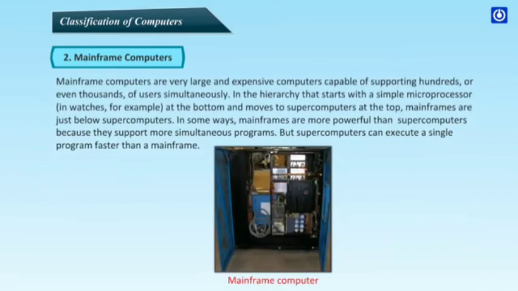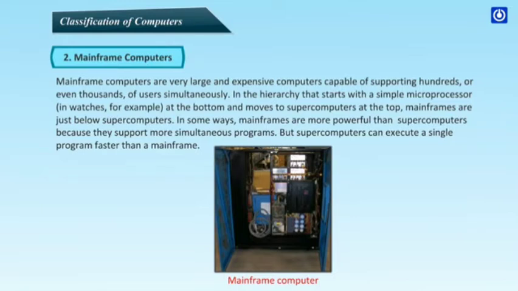Second, mainframe computers. Mainframe computers are very large and expensive computers capable of supporting hundreds or even thousands of users simultaneously. In the hierarchy that starts with a simple microprocessor in watches, for example, at the bottom and moves to supercomputers at the top, mainframes are just below supercomputers.